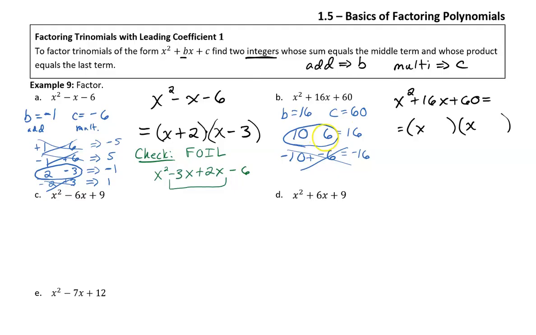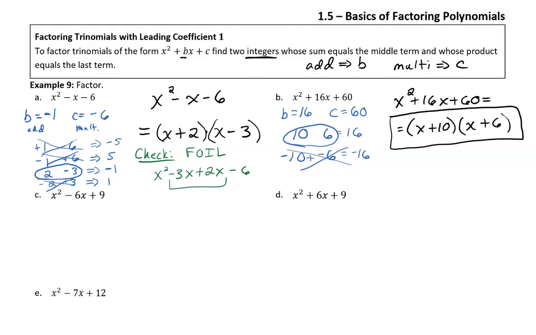Then my integers that we found were a positive 10 and a positive 6. So it looks like x plus 10 times x plus 6 is the factorization of my expression. And if I check it, if I practice my FOIL, my distributive property, yes, it would come out to be that expression.